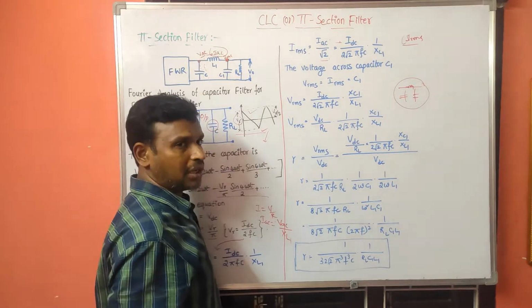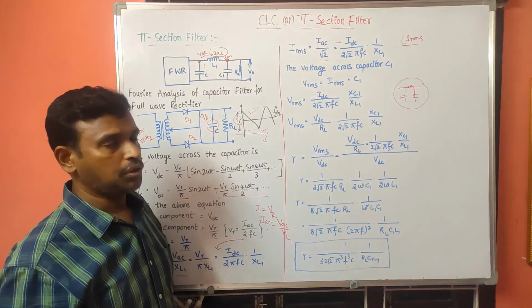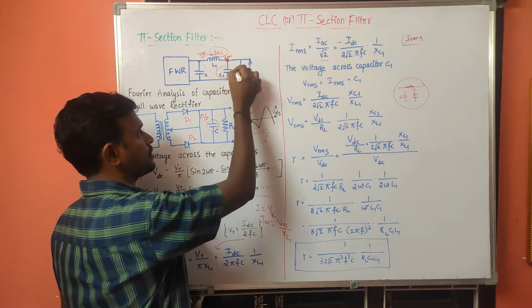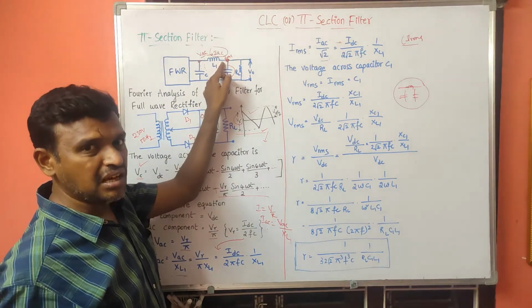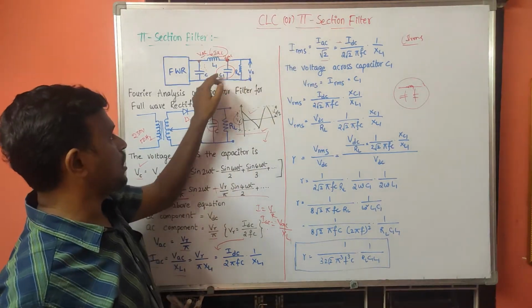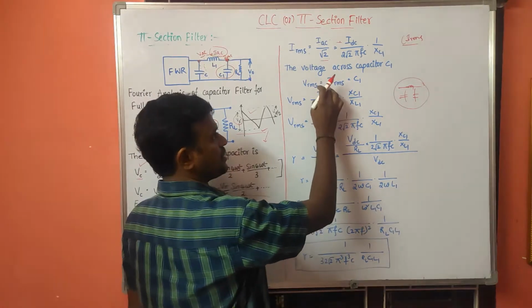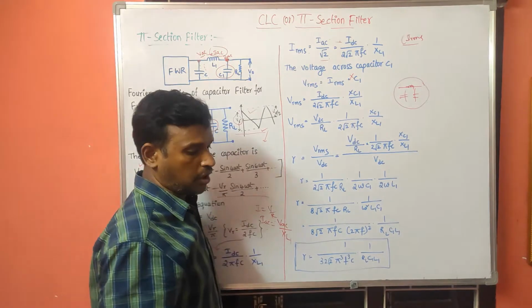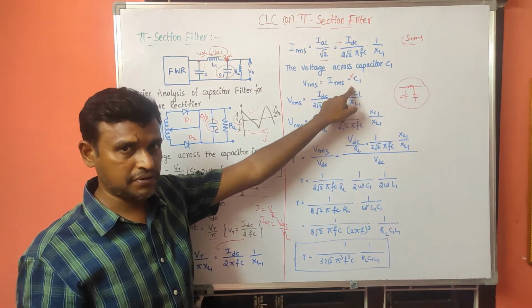Now what do I have to calculate? I have to calculate VRMS. That VRMS is nothing but the voltage across the capacitance here. Up to this point, what is the current here? IAC, and its RMS value is IRMS, and therefore the voltage across the capacitor, VRMS, is equal to IRMS into XC1, the reactance of the capacitance.